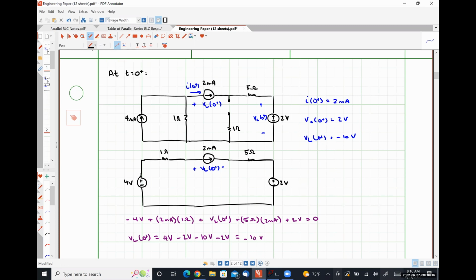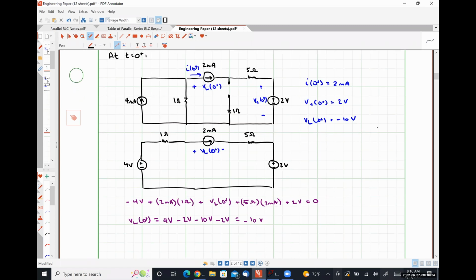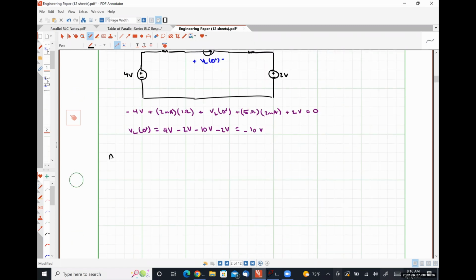Finally, I'm going to have to analyze my circuit at t is equal to infinity because there is an independent source left in my circuit at t is equal to infinity. So at t is equal to infinity, my switch is open and I am at DC steady state.